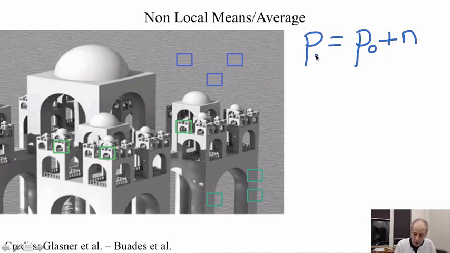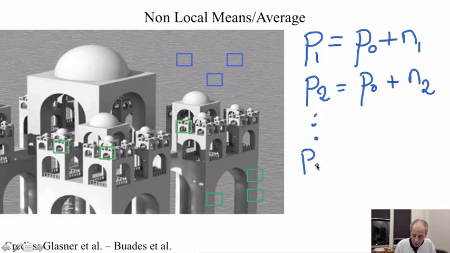So we observe the pixel a number of times. We observe one with a certain noise. We observe it again, same pixel, but with a different noise. And we can observe it multiple times. Let's say that we observe this n times. Always the same pixel, but with different realizations of the noise.